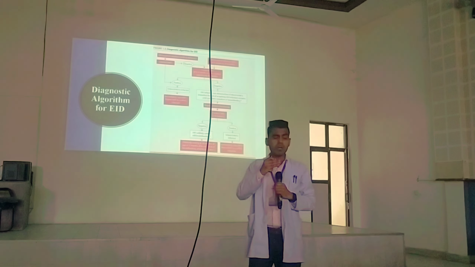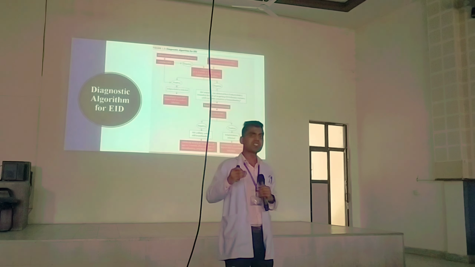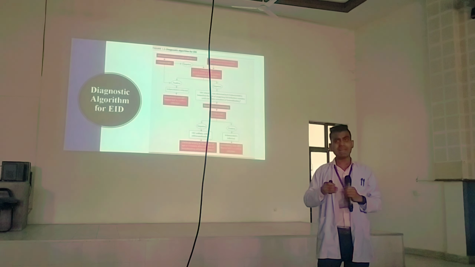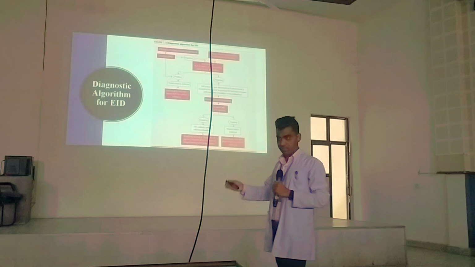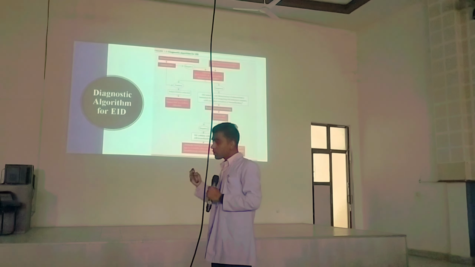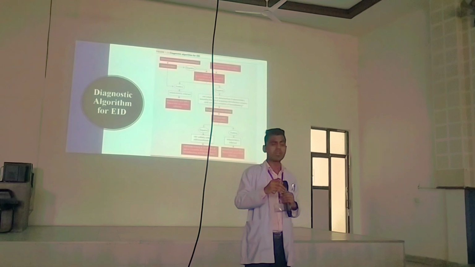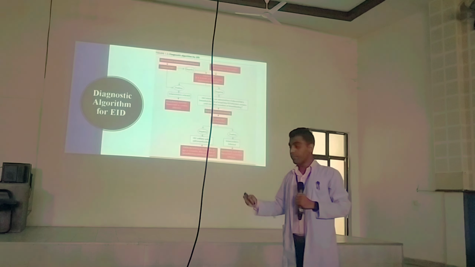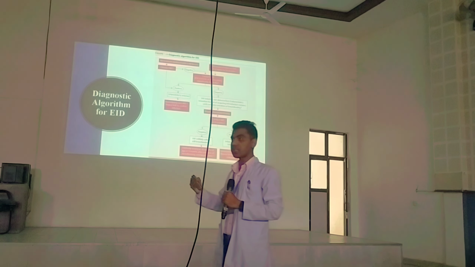NAT test is nucleic acid testing, that is the DNA PCR I have already mentioned. If this DNA PCR or NAT test comes positive, we have to start ART immediately in the infant, and along with that a second test should also be done to confirm the status. But if the first test is negative, the interpretation will depend on whether the child is breastfeeding or not, because breastfeeding increases the chance of infection.